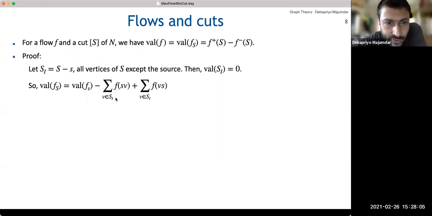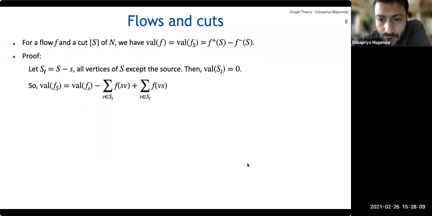So let's look at this a bit more carefully. Maybe drawing a little bit will help. So here we had the source, and let's say from the source we are going to some more vertices.